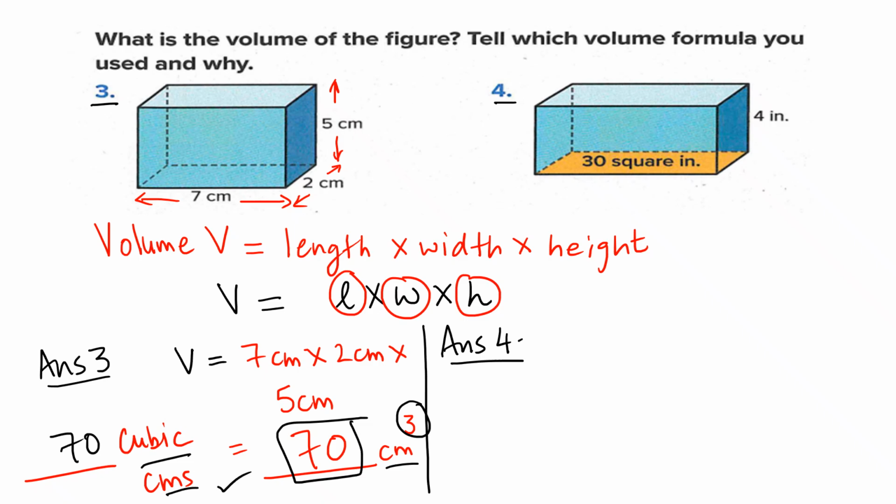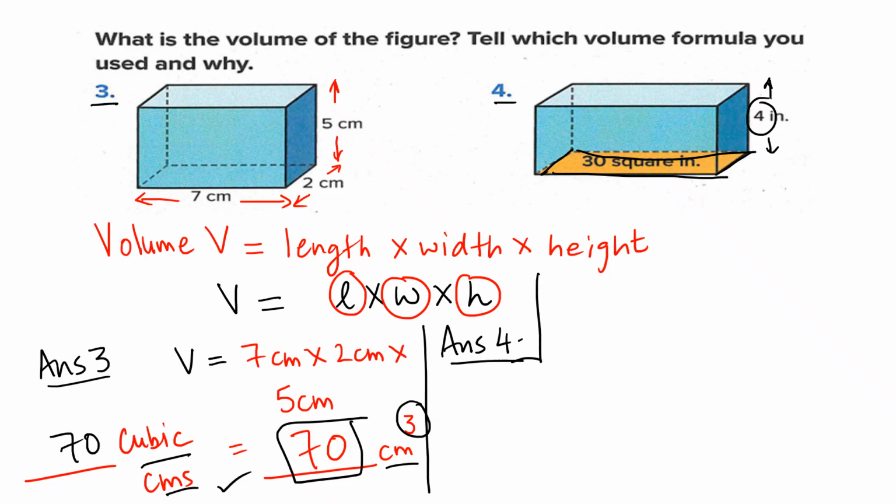Now, if you see question 4, you are not given the length, you are not given the width, but you are given the height. Height is 4 inches. And you are also given the area of the base, this orange rectangle. If you see this one, this one, this one, it is given how much? 30 square inches.